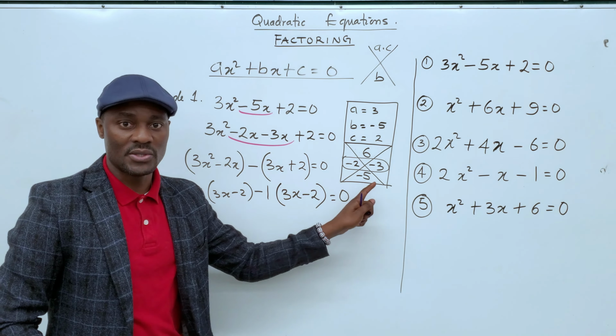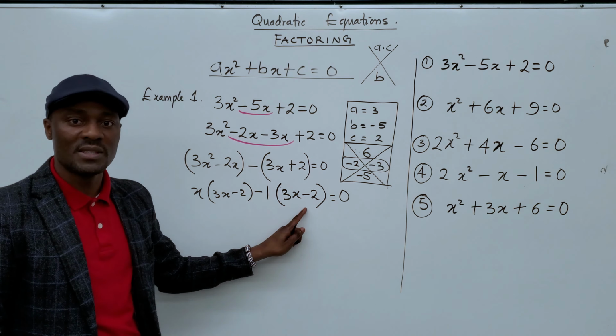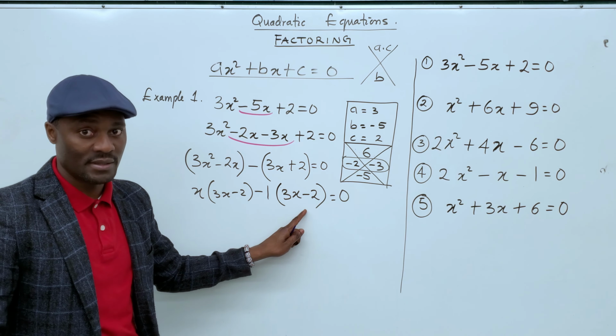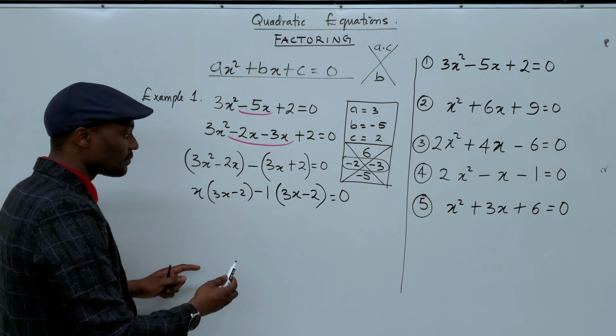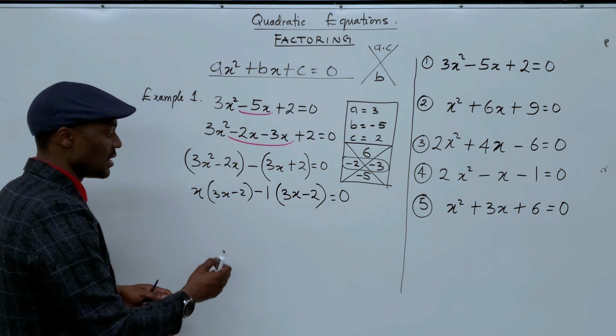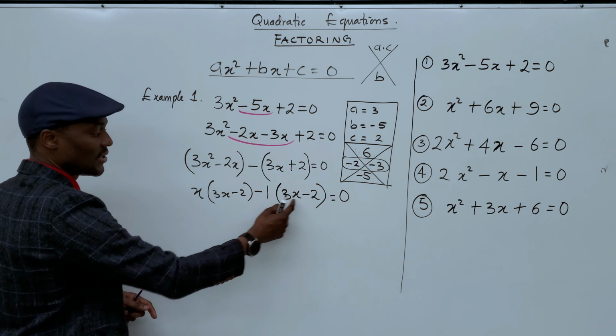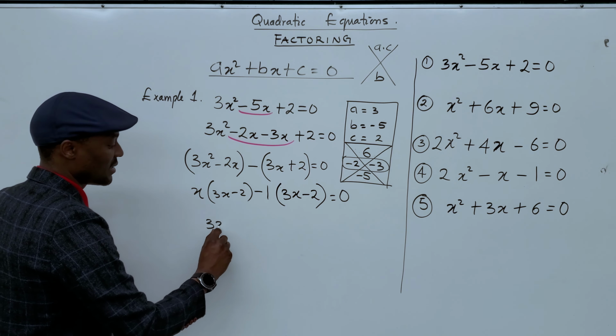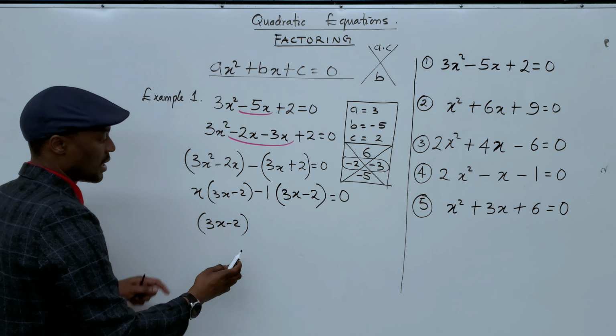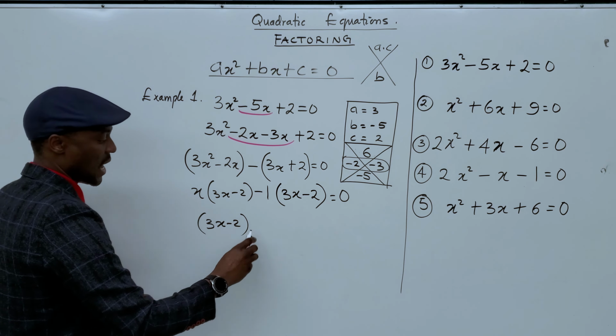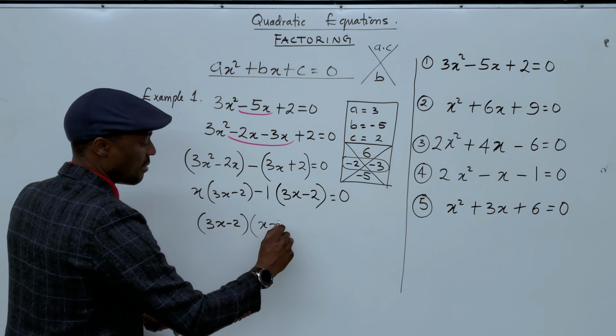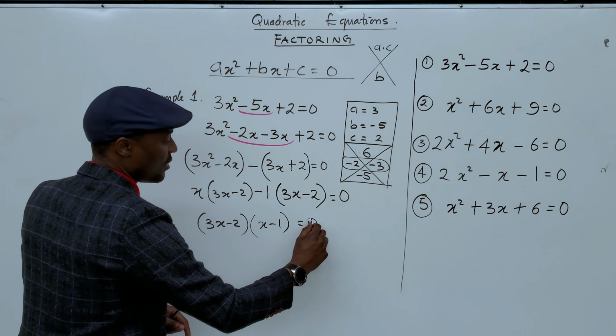You want to go back to the puzzle, because this will always be the same thing as this, always. So now your final answer will be, just pick one of these. You factor this out. That would be 3x minus 2, and you have x minus 1 on the outside. That's another one, x minus 1 equals 0.